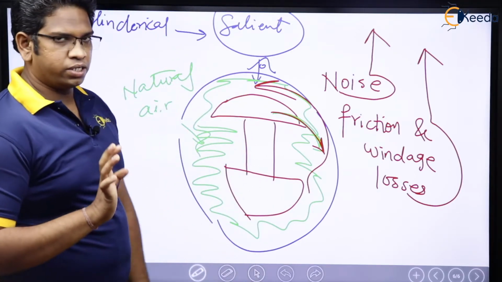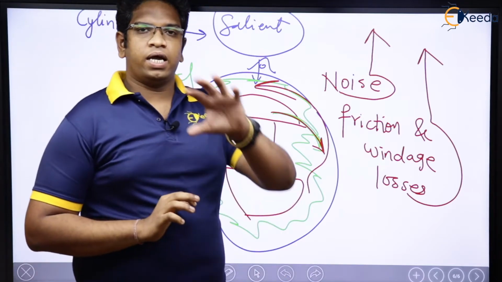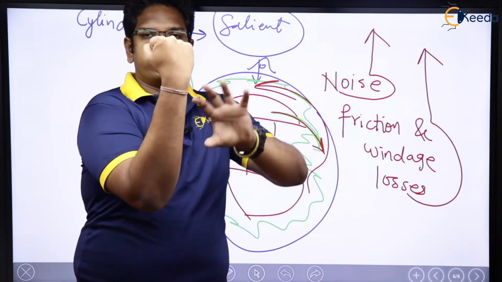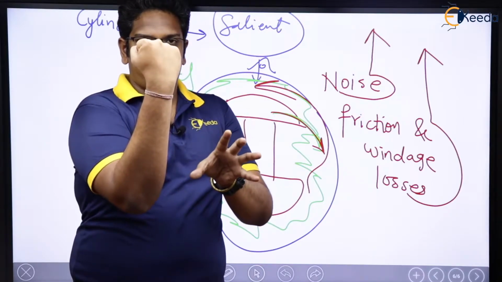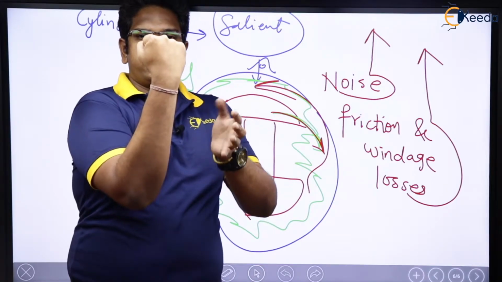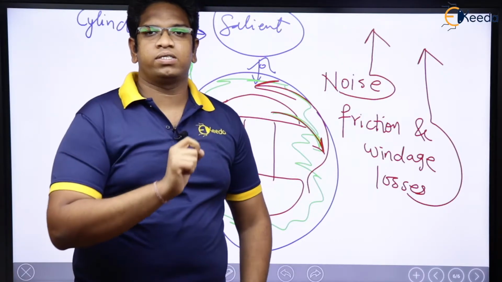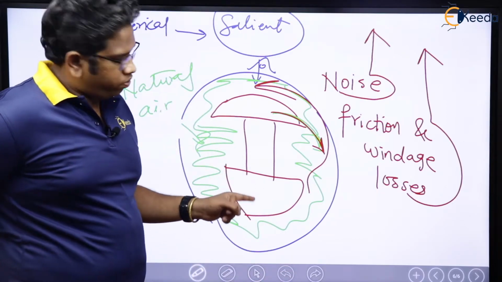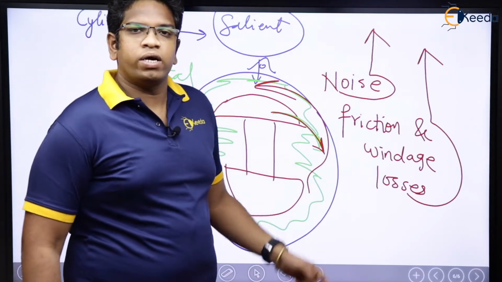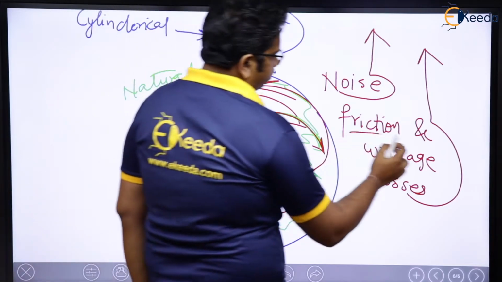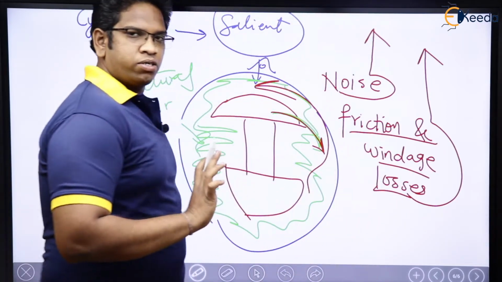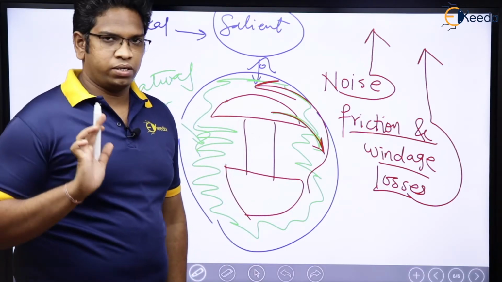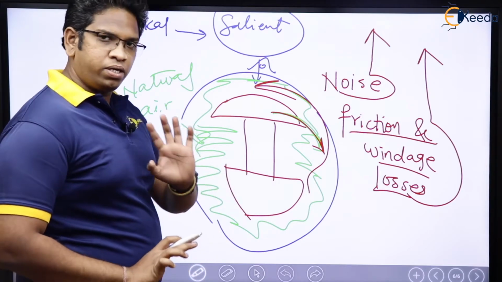See here again, you are not understanding the point. This air which is there in the free space, in this air gap, this is going to be the salient pole and this is going to be the air, right? Because of this air, this salient pole will face some friction, or not? Yes, this salient pole will face some friction due to air. That is the reason there will be friction and windage losses. What are friction and windage losses? Time will come, we will discuss them in detail, don't worry. But for the time being, just understand one thing.